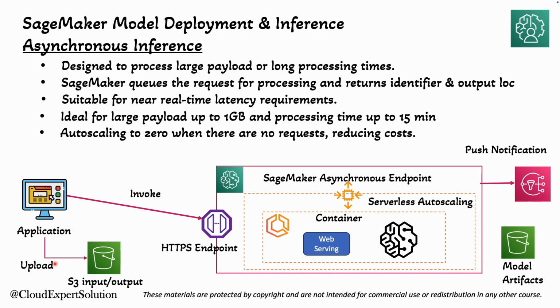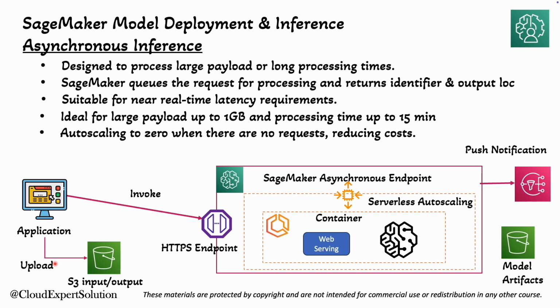Since we have reviewed all the 4 SageMaker model deployment and inference options, it's crucial to understand their differences. Certification exams often include questions requiring you to choose the optimal deployment option based on the use case, payload size, latency, and processing time requirements.